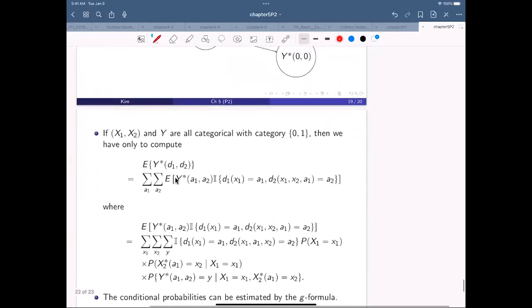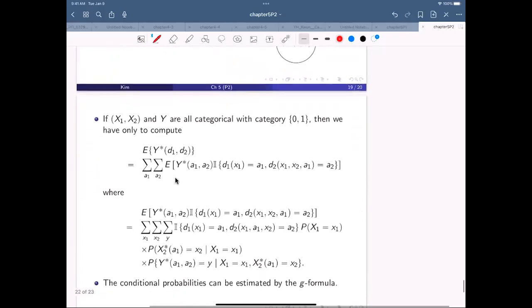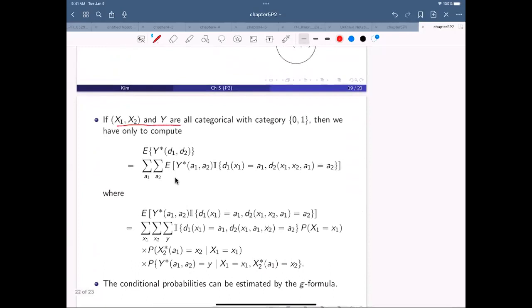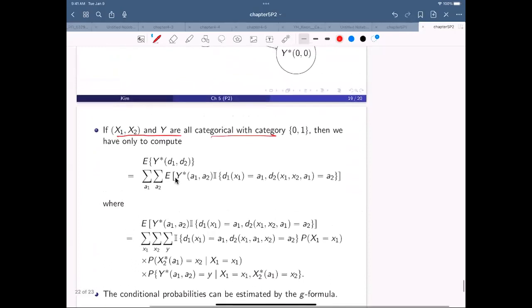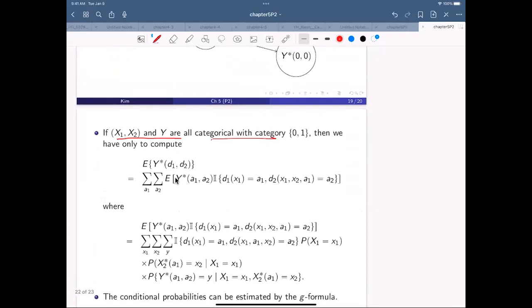So okay, and if they are all categorical, then this D1 and D2 takes one of the values in A1 and A2, right? So basically you have an indicator function, right?